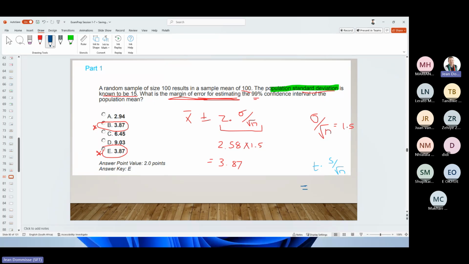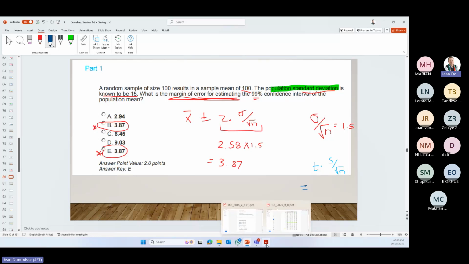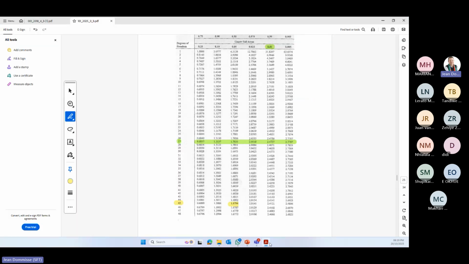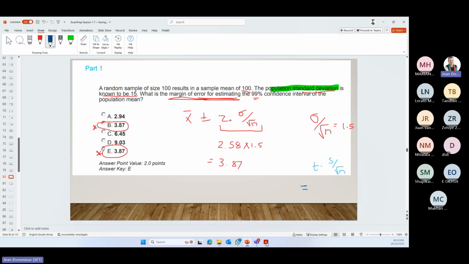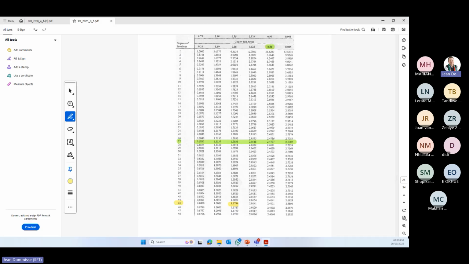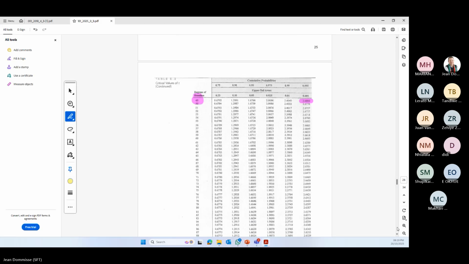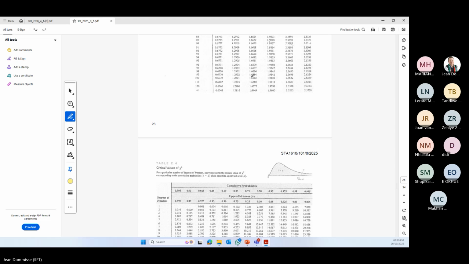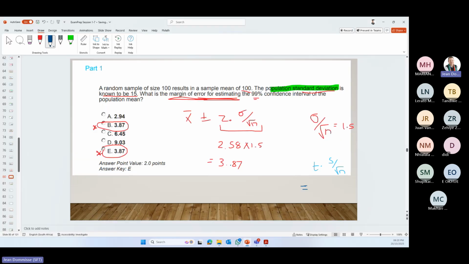So 1% divided by 2 would be 0.005. They talked about a sample of 100, so 99 degrees of freedom. I see, it's very close in any case, 2.6264. Let's see if we had 2.6264 times 1.5.